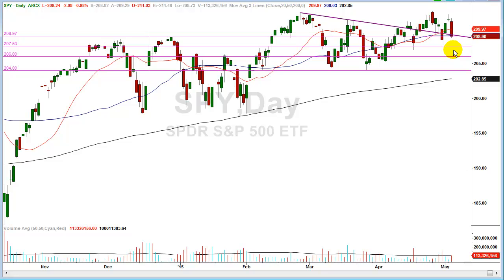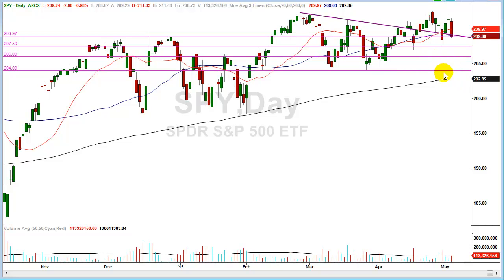If we did get that, these other lines would come into play. You would find some support at 207.50, some more support around 206, and a lot of support at 204. If 204 didn't hold, then the 200 period moving average comes into play again, so we'll call that the 200 in between that and 204.